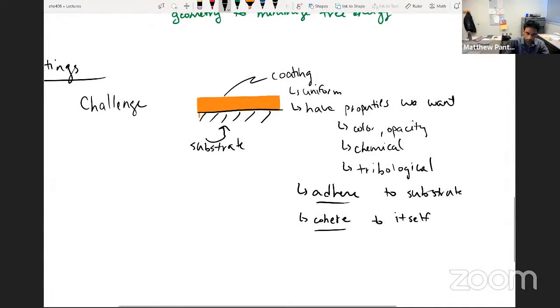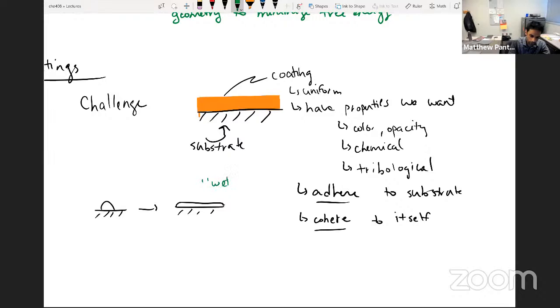So for example, if we are coating with a droplet, we put a droplet on a substrate, we want it to spread out. This process is called wetting.